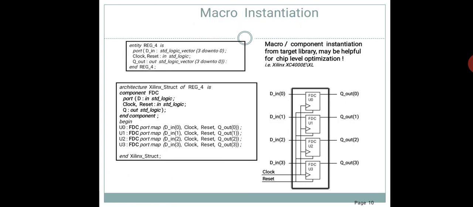Then component instantiation. In order to instantiate the component, we have to use port map. So port mapping is nothing but the component instantiation. Components are declared, and those components are instantiated by using the port map.